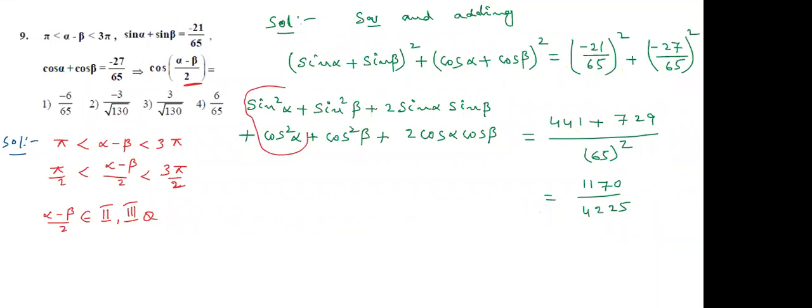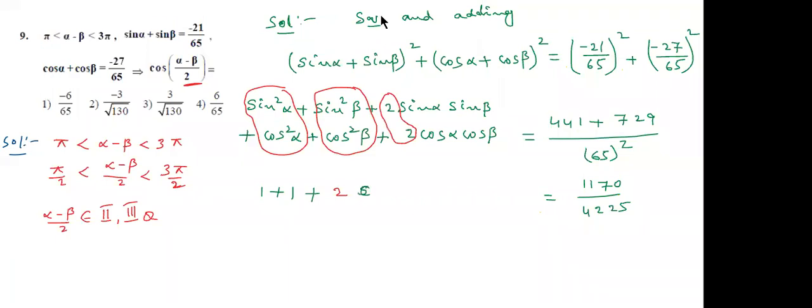These terms, observe that sin square alpha plus cos square alpha value, how much? 1. Sin square beta plus cos square beta value 1. So I am writing 1 plus 1 plus, here in second term take 2 common, remaining cos alpha cos beta plus sin alpha sin beta. What we can write?